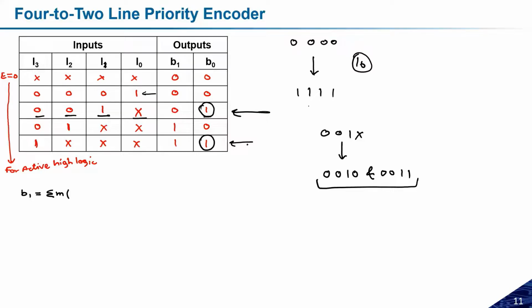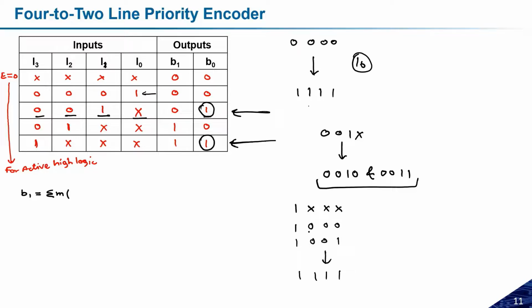Now I have to consider the second case, which is 1 cross cross cross. What are those possibilities? They are 1, 0, 0, 0, 1, 0, 0, 1, and so on, up to 1, 1, 1, 1.